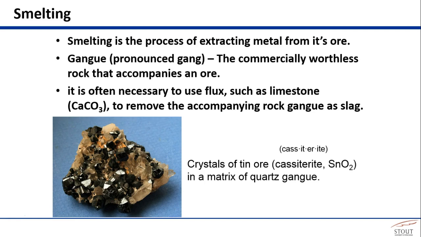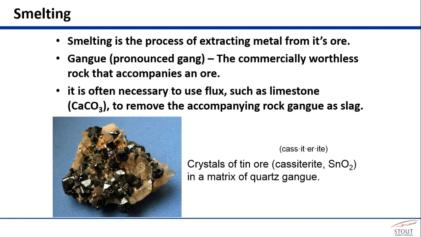Good point. Well, let's talk about smelting. I thought I smelt something in here, said the person that works at the blast furnace. So smelting is the process of extracting a metal from its ore. The gangue, not pronounced gangue, it's pronounced gang, is a commercially worthless rock that accompanies an ore.